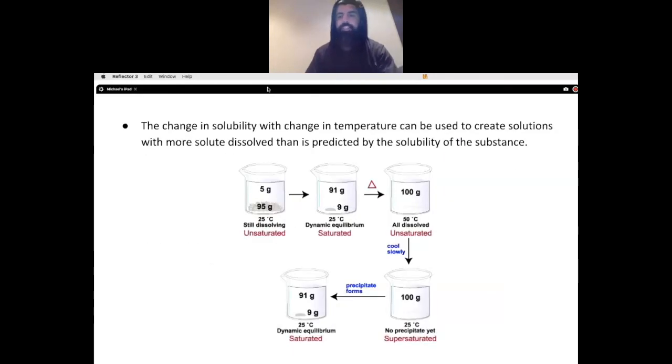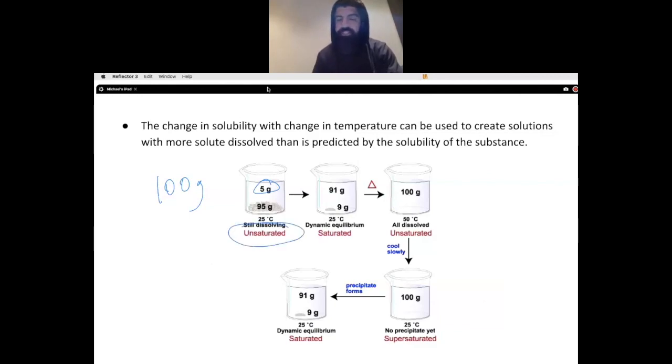We were talking about saturated versus unsaturated solutions last class. So what we have here is some kind of a solute that we are dissolving. If we look at the dissolving that's occurring here, we've put in 100 grams, and right now only 5 grams has dissolved at 25 degrees Celsius.